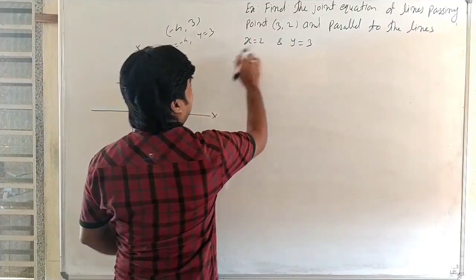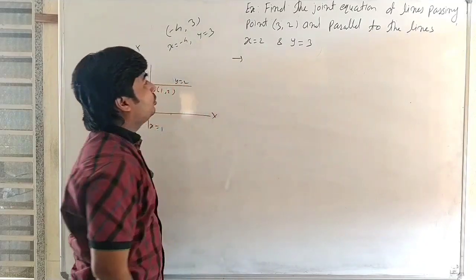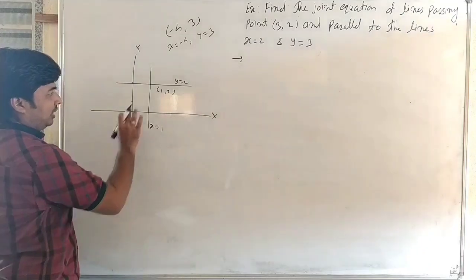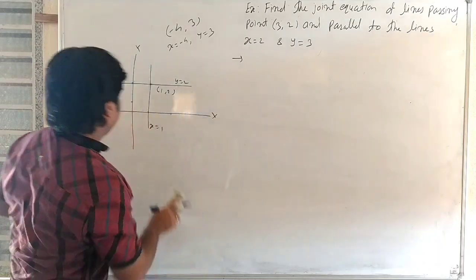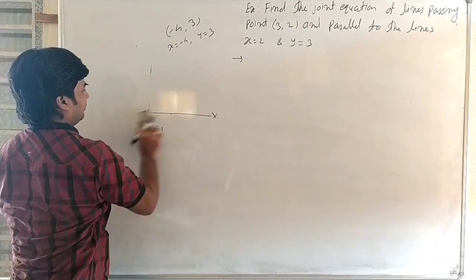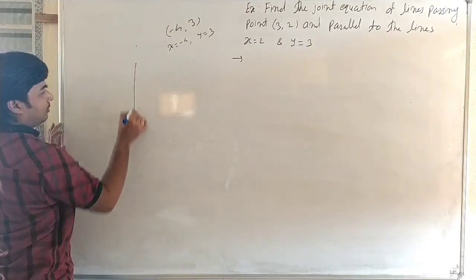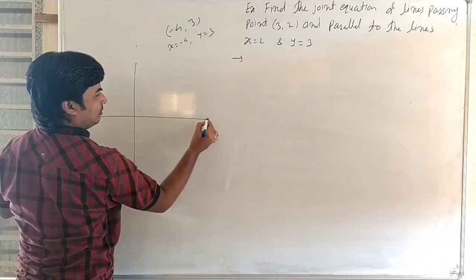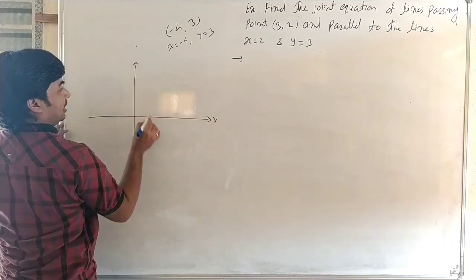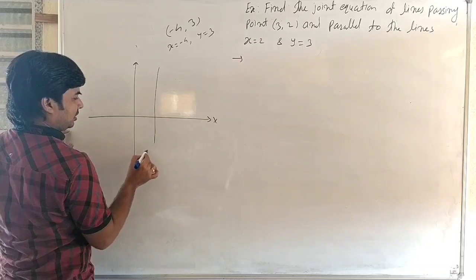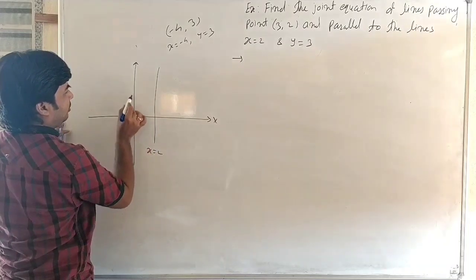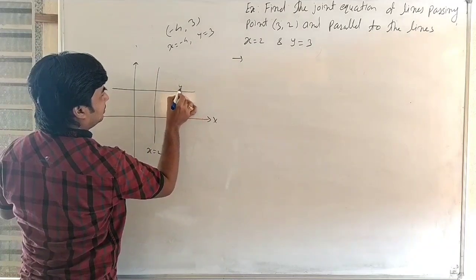Here the given lines are x = 2 and y = 3. Suppose these are the lines x = 2 and y = 3.